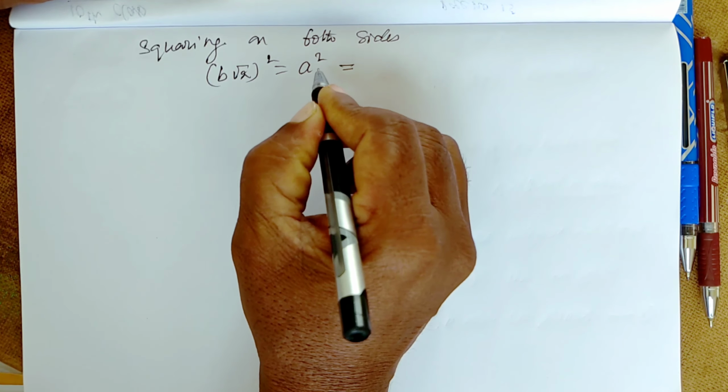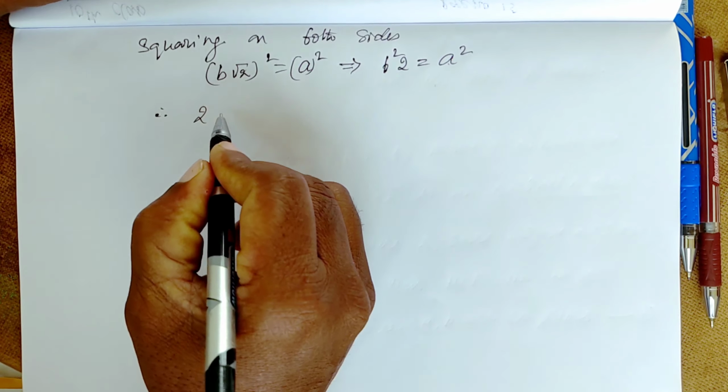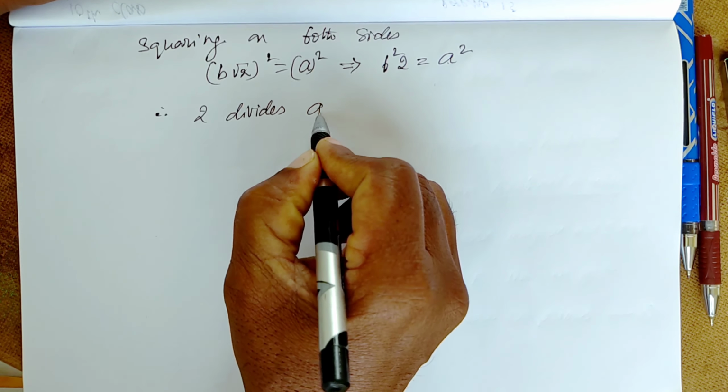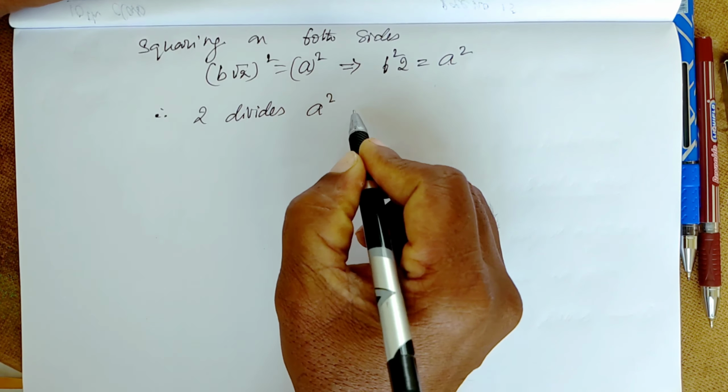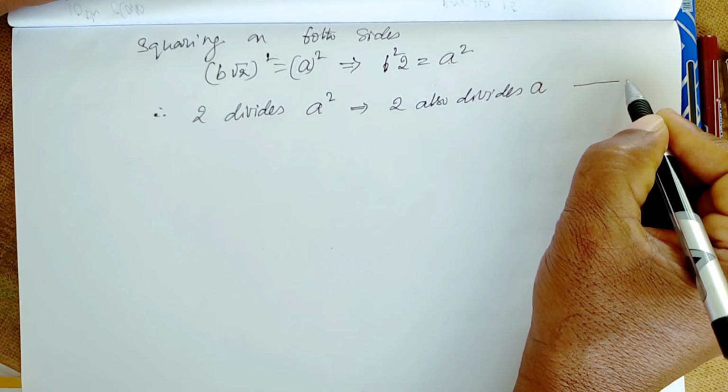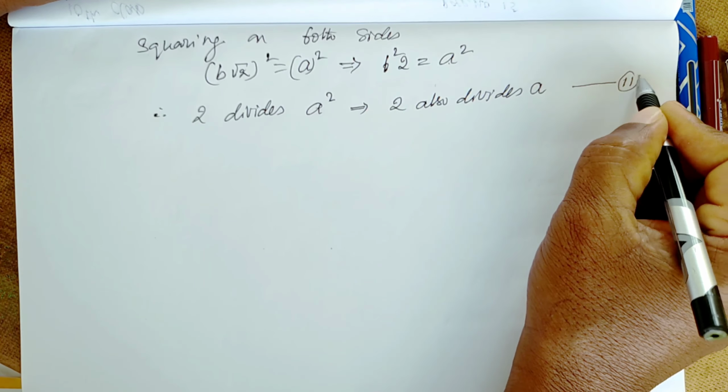Now from here we can conclude that 2 is a factor of A square. Therefore 2 divides A square, therefore 2 also divides A. Let it be statement 2.